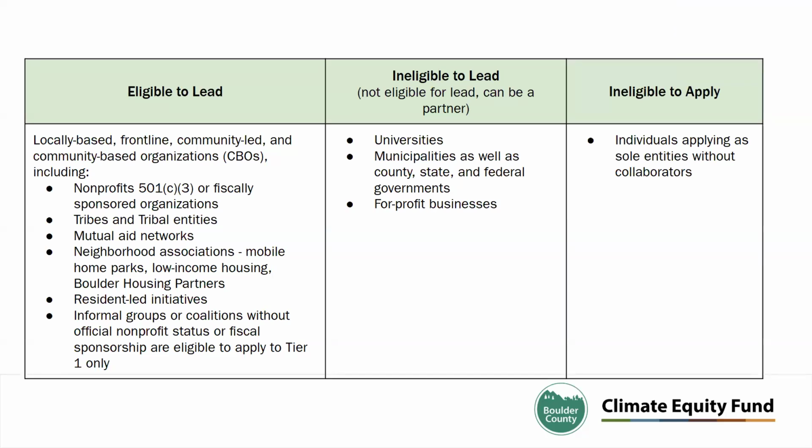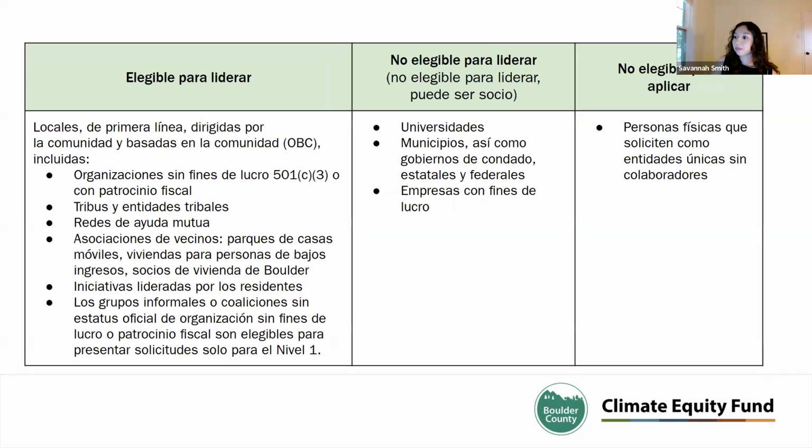This is one of the few slides that doesn't have English and Spanish, so I'm going to switch over to the Spanish slide and go over who is ineligible to apply. Universities, municipalities, as well as county, state, and federal governments are not eligible to lead, as well as for-profit businesses.